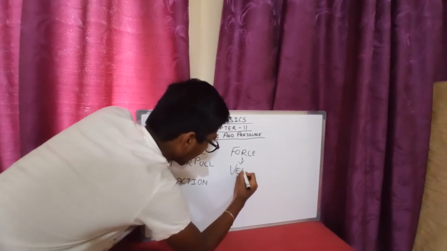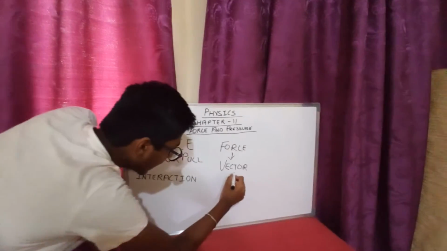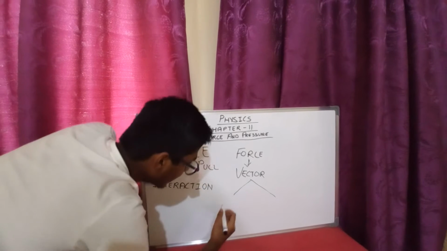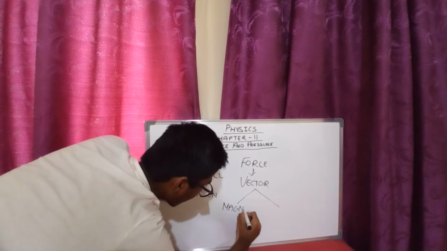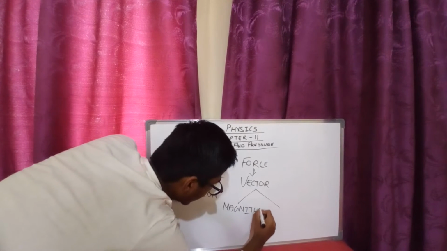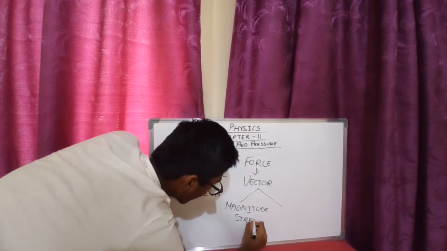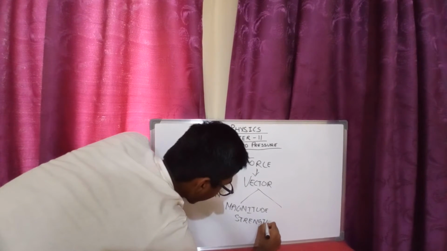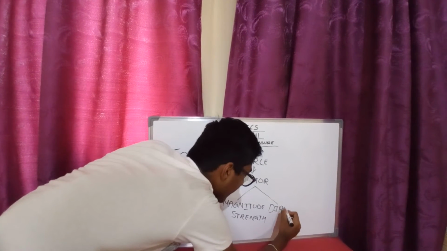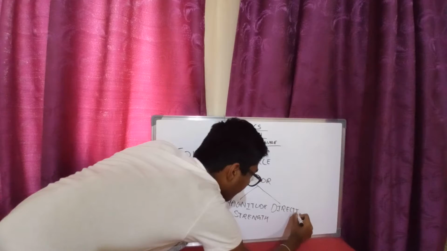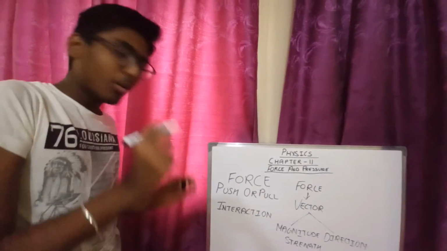What does vector mean? Vector means it has a magnitude. Magnitude means strength. And it has direction too. So force is a vector quantity.